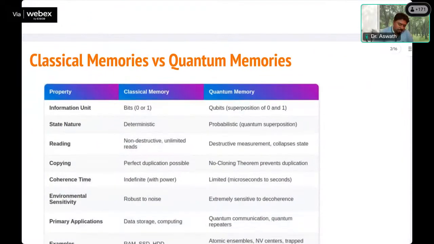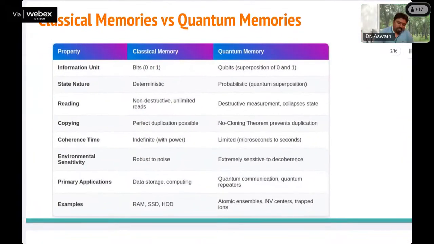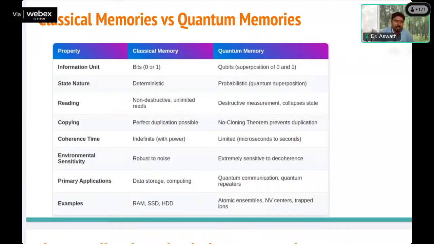Right. So here you see, we usually have a classical memory background. We understand how it is being done, and based on that, we will try to build the new knowledge of quantum memory.